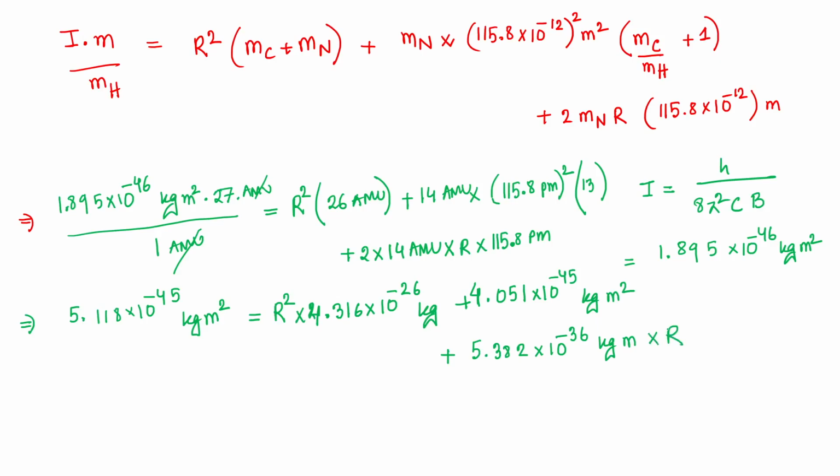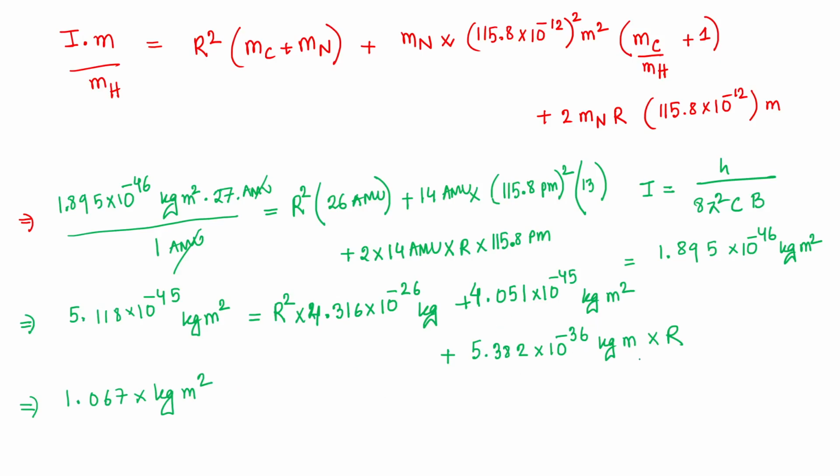Okay, so let us see what things we can clear. So kg meter square, and the terms are in the same order, so we can get the second term to the left hand side. You take the difference between 5.118 minus 4.051, and it would be 1.067 kg meter square.